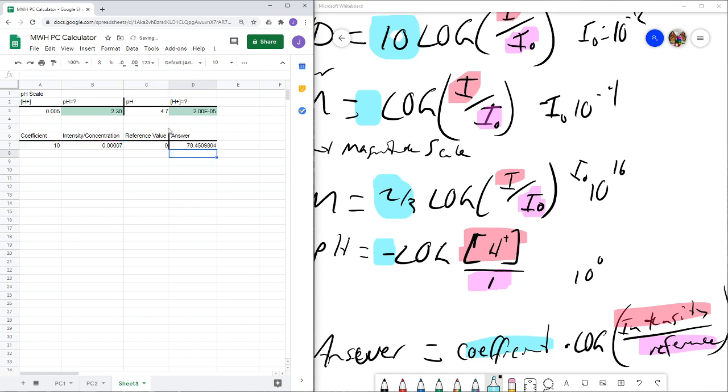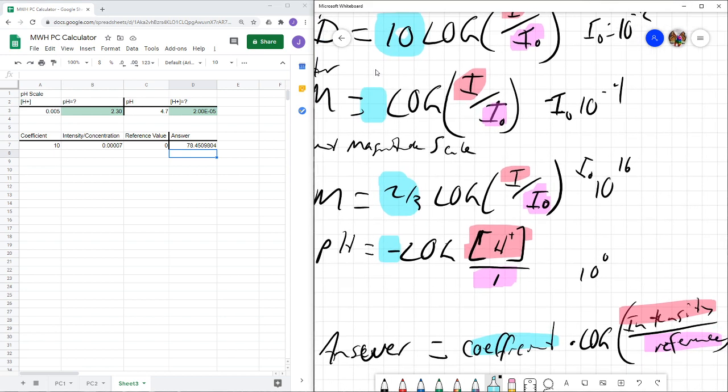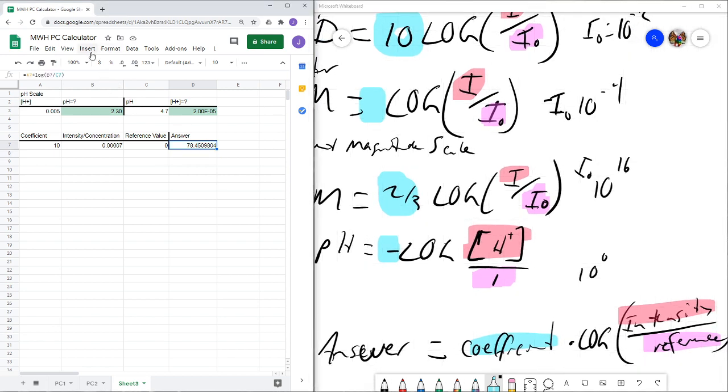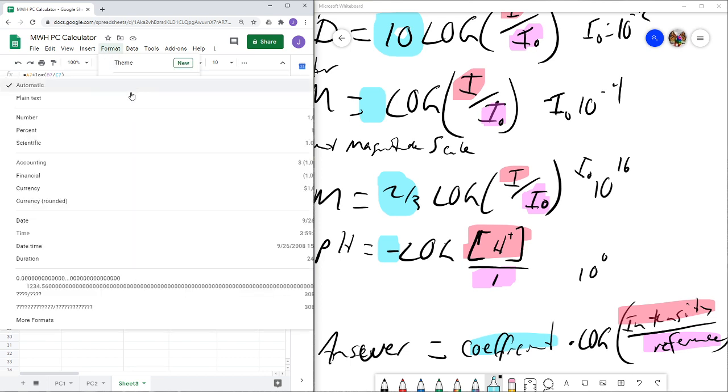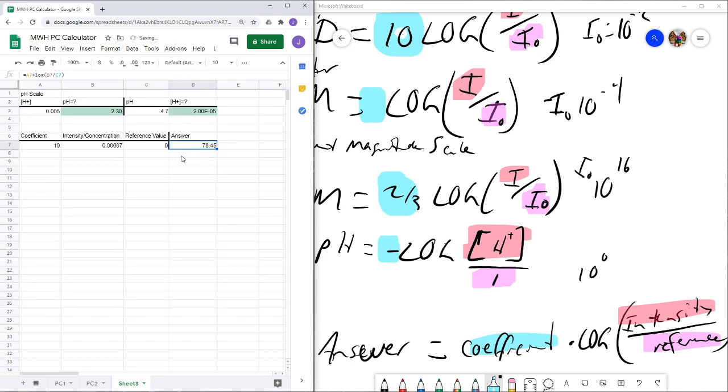So here's our answer, and this is in the decibel scale, so it's going to be in decibels, right? In fact, I'm going to format this to 2 decimal places. So there we go.